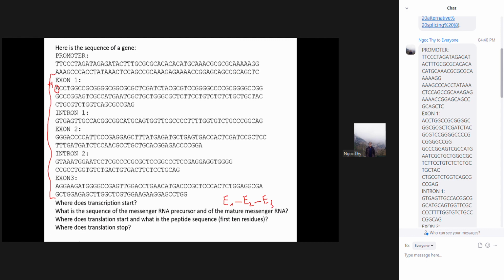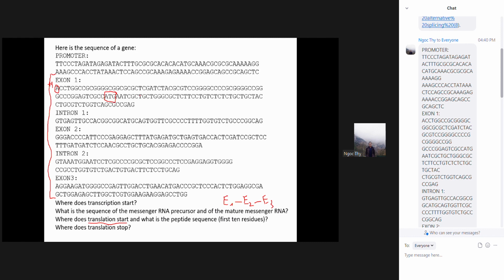So where does translation start? Translation starts on the AUG. Yeah. So we come from the transcription starting site, we scan in here until we reach the AUG, or ATG, on the sequence. The first ATG, I found the index is 68 or 69, depending on whether the string is 0-indexed or 1-indexed. I use Python to do it.